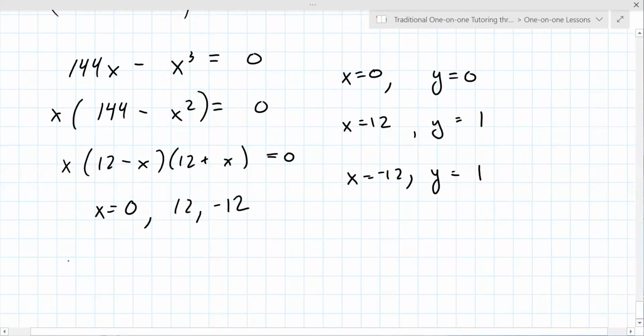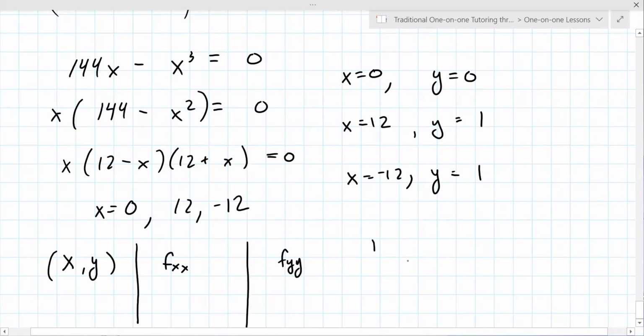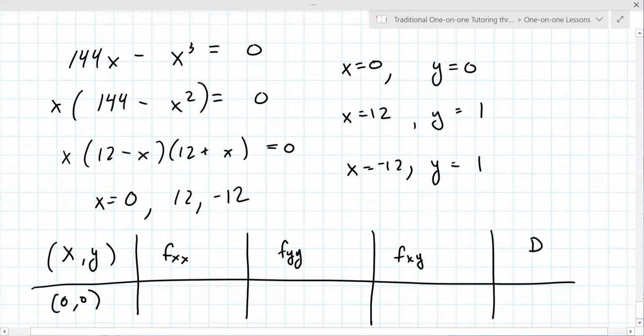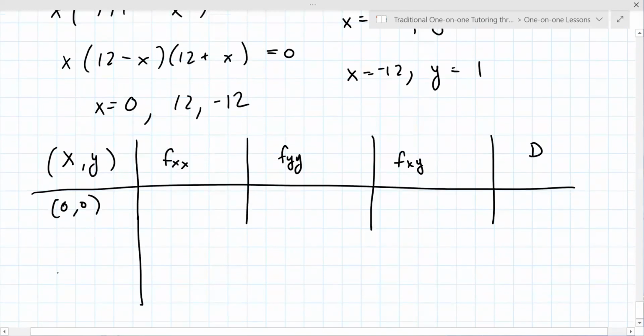Okay. So the table is going to have x, y ordered pairs, fxx, fyy, fxy, and then we calculate d all the way at the end. So we're going to do each of these ordered pairs: 0, 0, 12, 1, minus 12, 1.